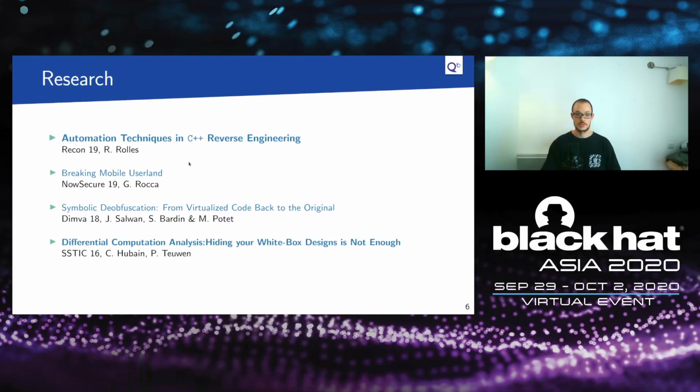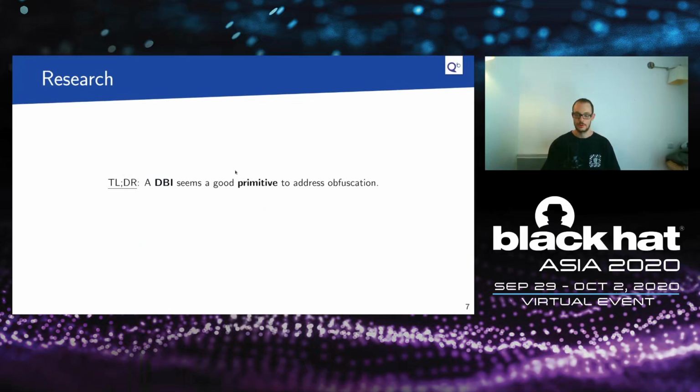And last year there was a presentation on reverse engineering C++ code and how we can use dynamic information to recover the internal structure of C++ structures. From this research, we can see that basically a DBI is suitable to address obfuscation because it provides dynamic information, and somehow dynamic information can't lie, and we'll see how.